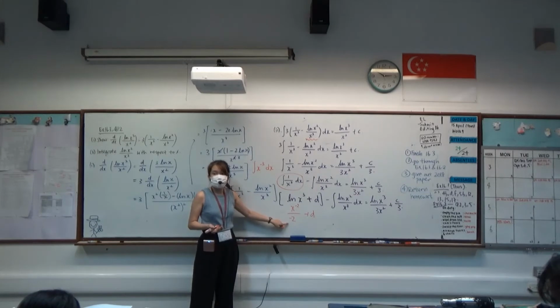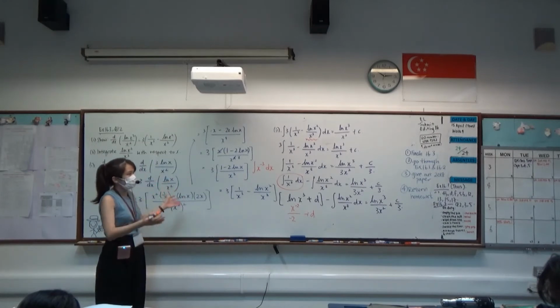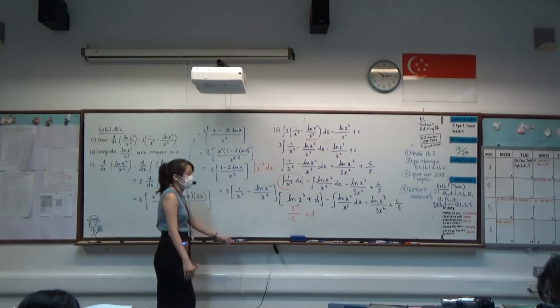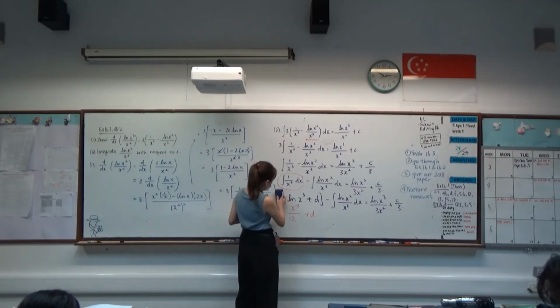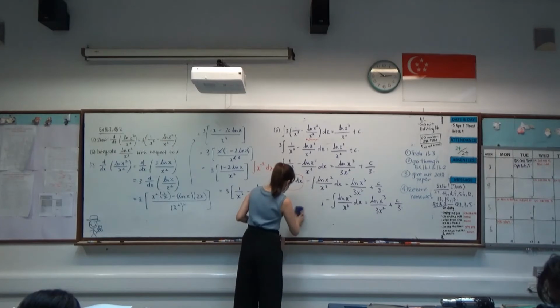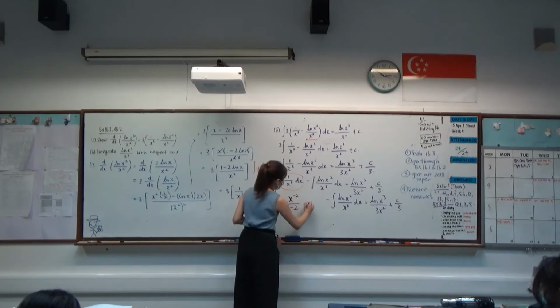Remember that? Please don't get lost and overwhelmed by the whole integration of 1 over something. That is a really very common careless mistake to fall into. So let's correct this one. It should be x power negative 2 over negative 2 plus d.